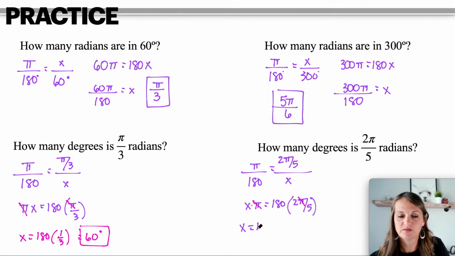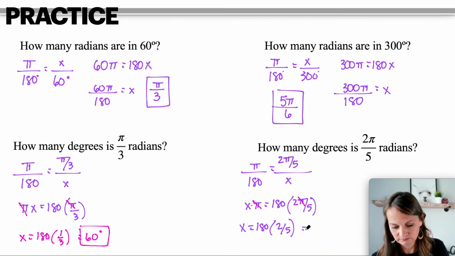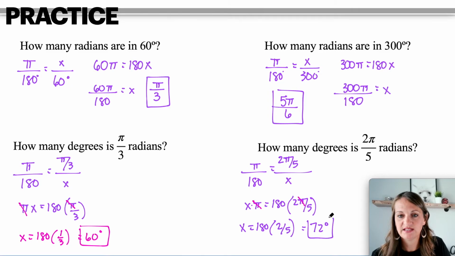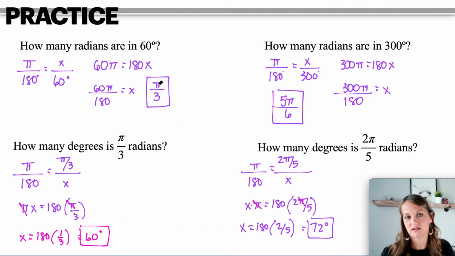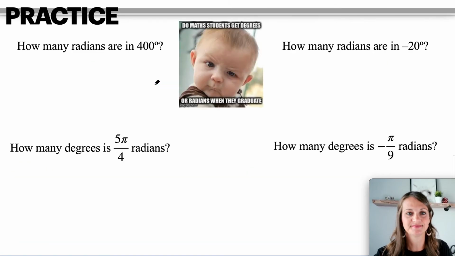So you'll be left with 180 times 2/5, which will give you 72 degrees. Please do not forget the degree symbol for degrees, and the radians will normally have pi. It will not necessarily have to have pi, but many times it will. So when you're doing conversion, make sure you do keep pi in your answer.